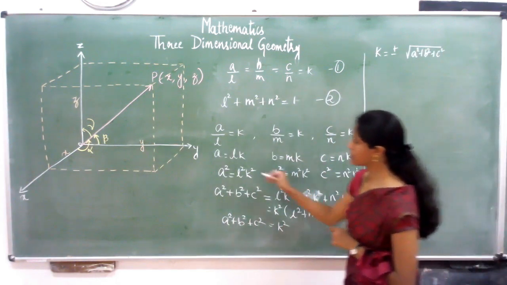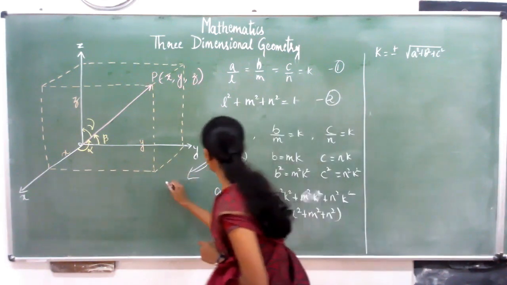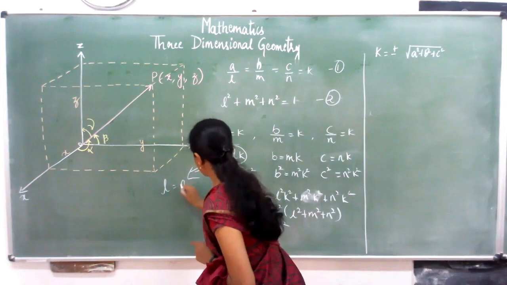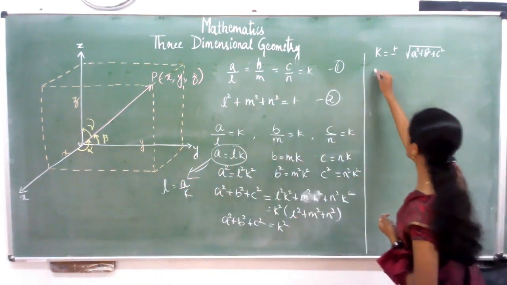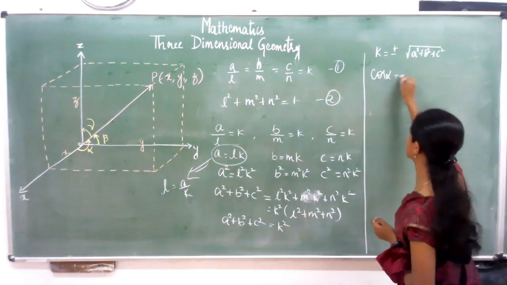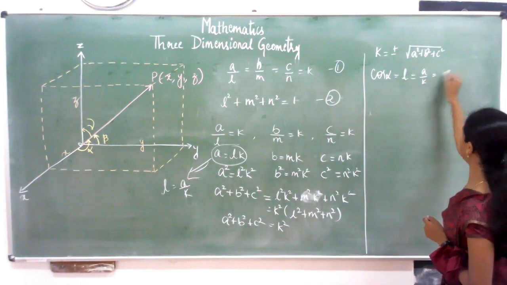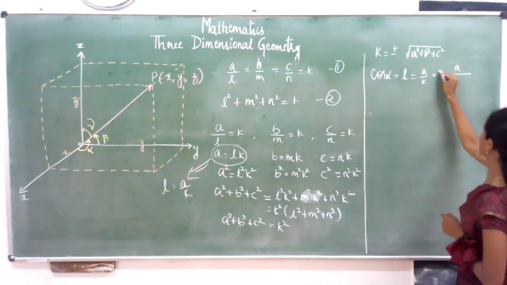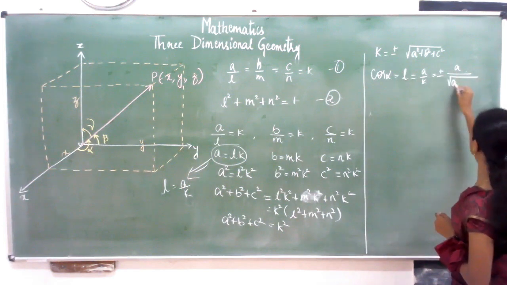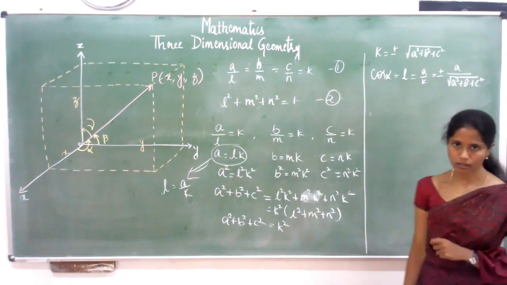From the same equation, I can write l is equal to a by k. That is the direction cosine cos alpha, which is l, equal to a by k, which is nothing but a divided by plus or minus root of a square plus b square plus c square.